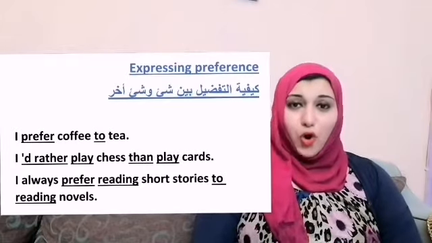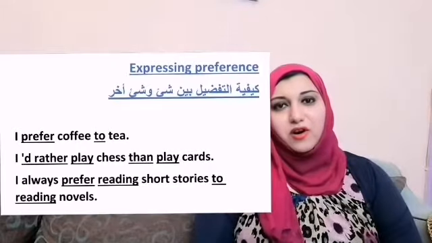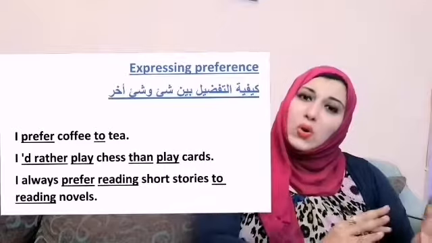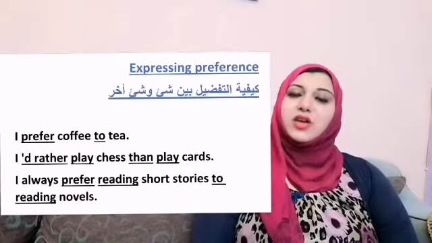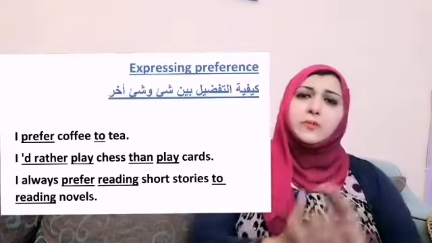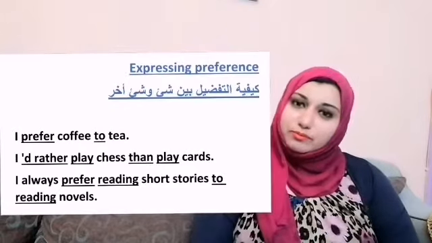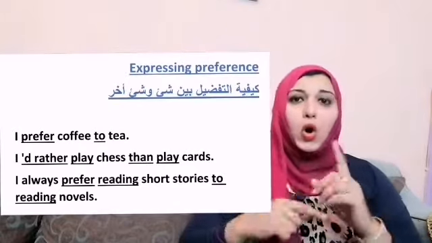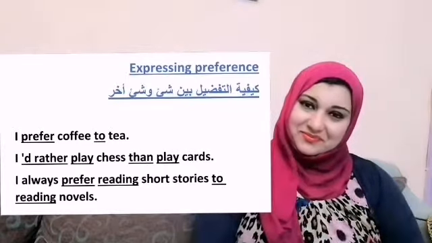Of course, the first form, I prefer so to so. كذا على كذا. Okay? And here we have noun to noun. I prefer, for example, tea to coffee. بفضل الشاي على القهوة. Or the opposite, I prefer coffee to tea.